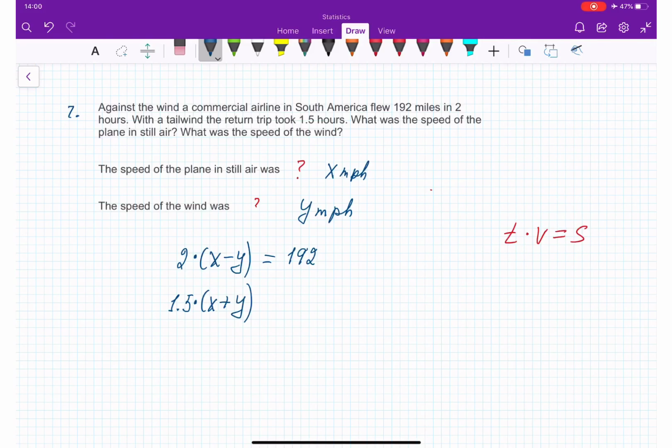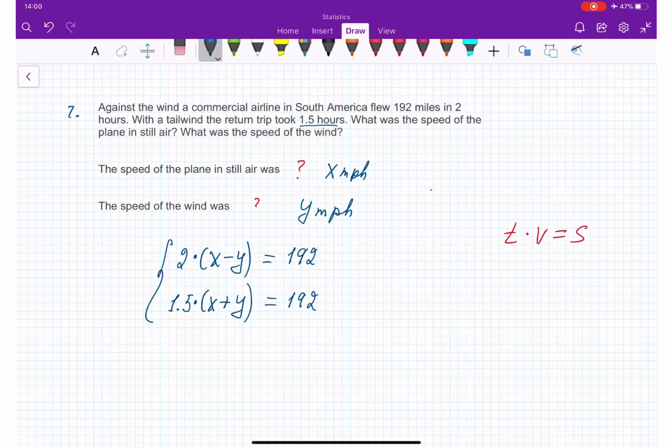So it always gives a time difference, because in one case wind is helping, in another case wind is going against. So with the tailwind it takes 1.5 hours, and it's still gonna be 192 because it's the same distance.